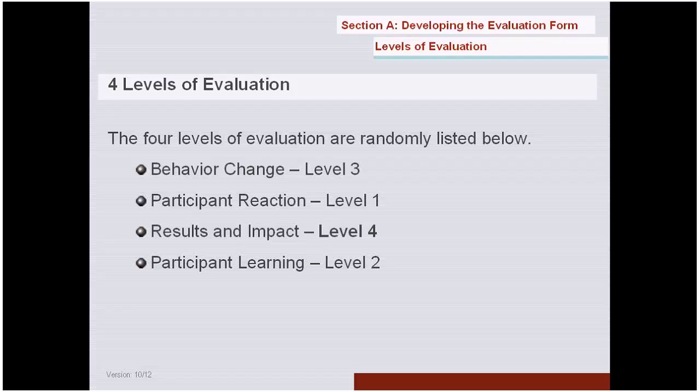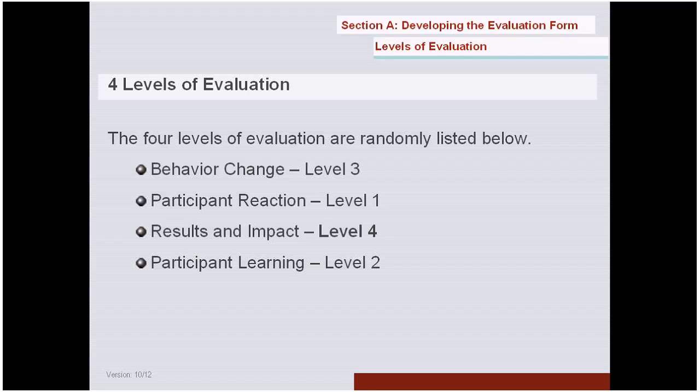If those adults do make some behavior changes based on the training, what we should then see after that takes place for a while is some results and impact on the children. Does that make sense to everybody? Yes. So when you've got behavior change going on, what you're really looking at is improved quality of services, and those improved quality of services will show in the results and impact of what you're seeing in terms of children.